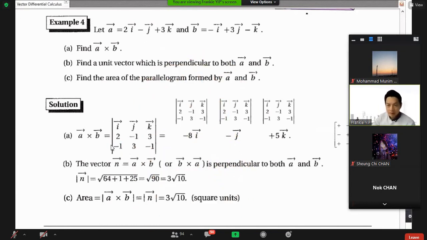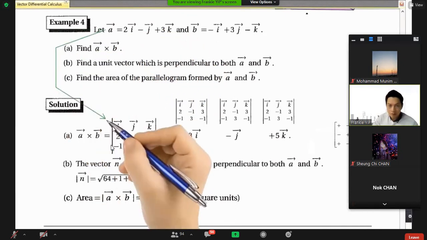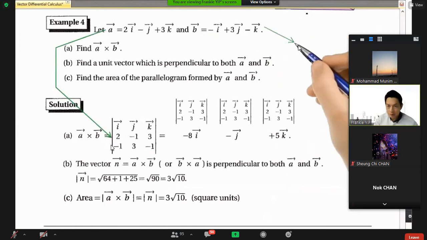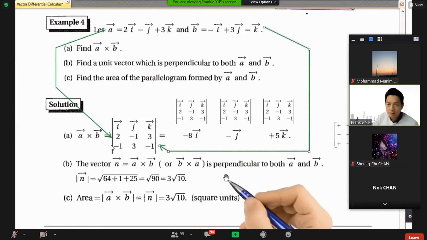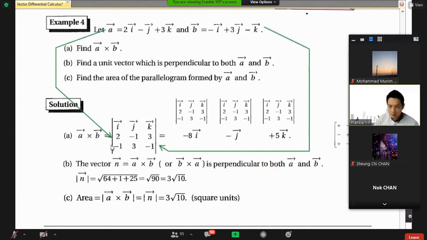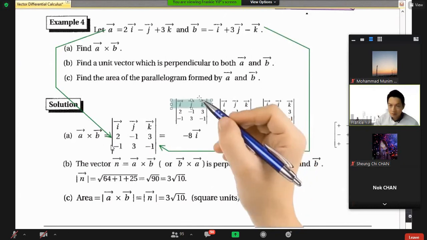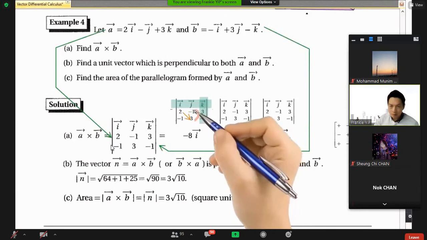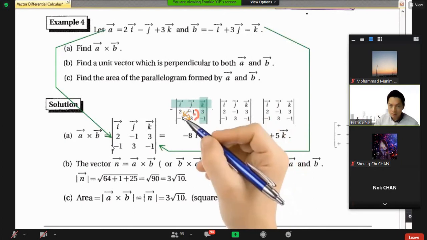First of all, put A in the middle row, and put B in the row below it. Then you hide something, so I draw something over here to help you copy faster. First, we have the i, so it should be 2 times 3 minus, and then -1 times -1.